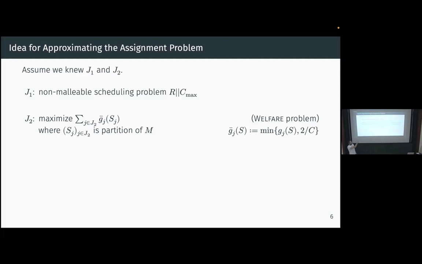And if we can solve this problem exactly, then the sum here will be the cardinality of this set J2 times 2c. And this is only possible if every job really receives 2c. So in that case, maximizing the sum is the same as maximizing the minimum. Right? So we can solve this with the welfare problem if we can solve it exactly.